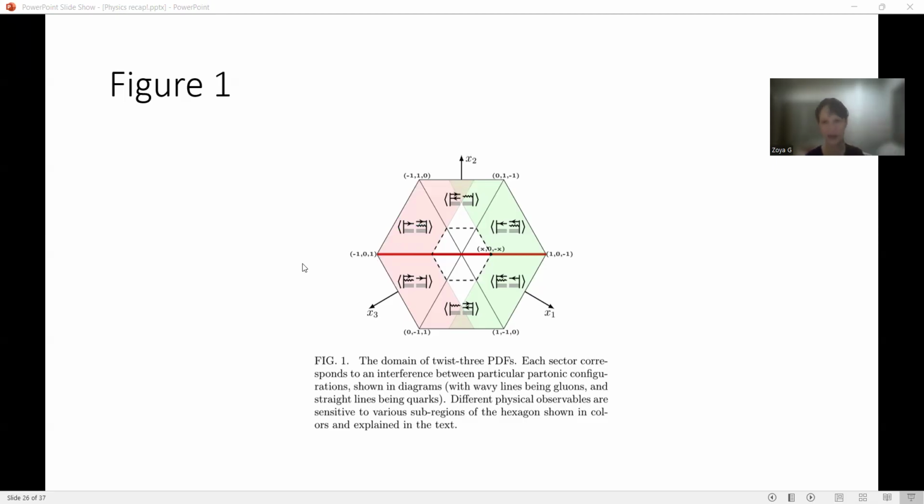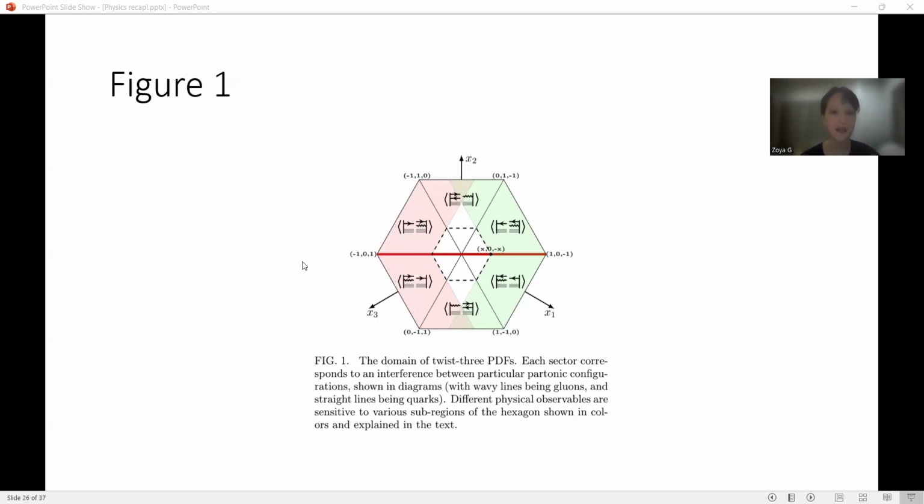Yeah, so this is the domain of the parton distribution function, and it describes all the possible absorption and production events with various momenta, and the parton distribution function describes which of these production and absorption events are most likely to occur.